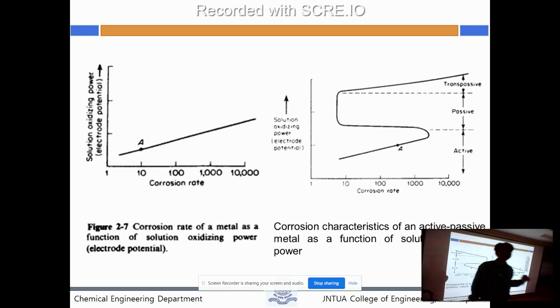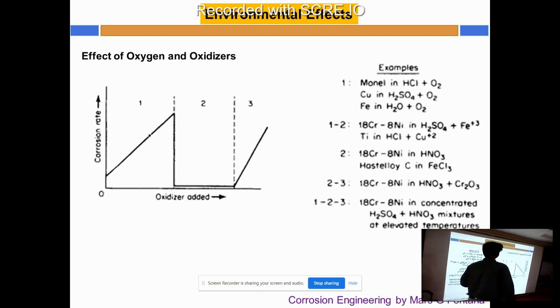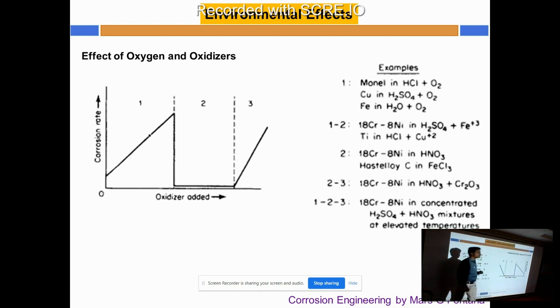Okay, I'll give you some more examples also. Now look here, I'm increasing the oxidizers, I'm adding the oxidizers, and I want to observe the corrosion rates. We know when oxidizer is there, the corrosion rate will increase. Look at the trend.